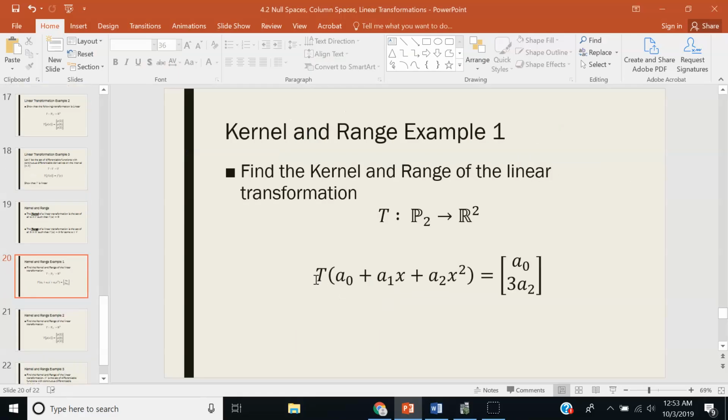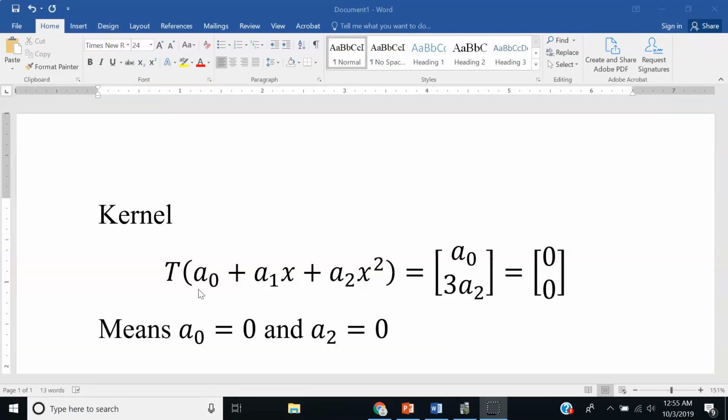Let me do this in the Word document. What I'm saying here is we have this transformation that sends a polynomial of degree 2 to (a0, a2), and we want to see what the kernel is, so we're asking which polynomials are going to be sent to (0, 0). In order to be sent to (0, 0), it's pretty clear that a0 has to be equal to 0, and a2 also has to be equal to 0.